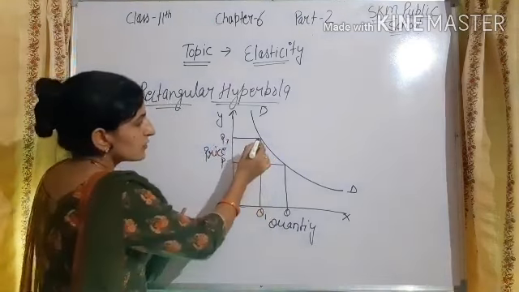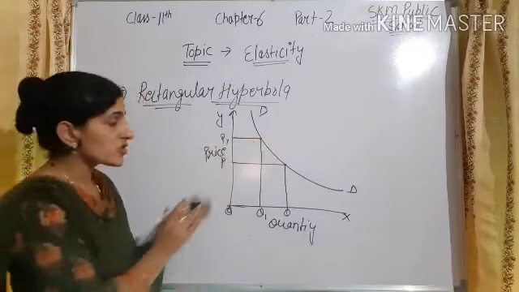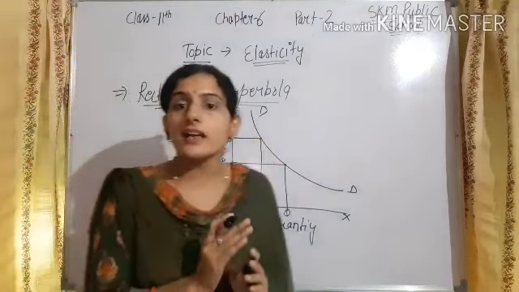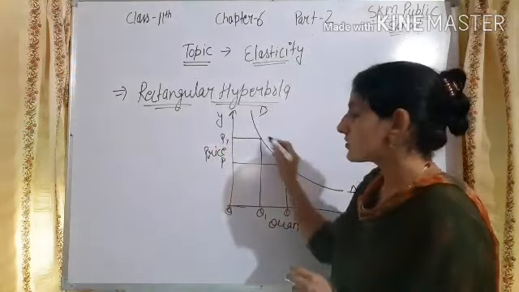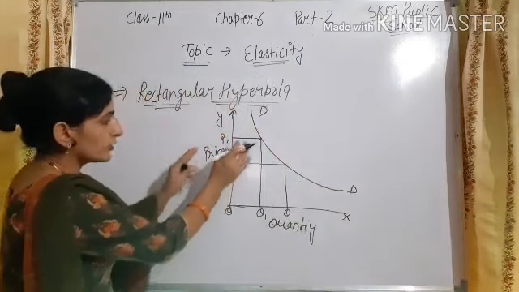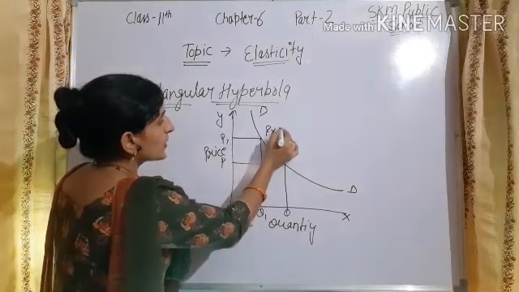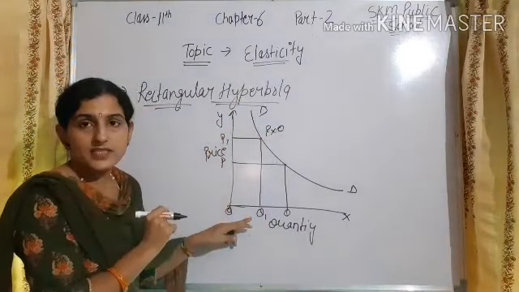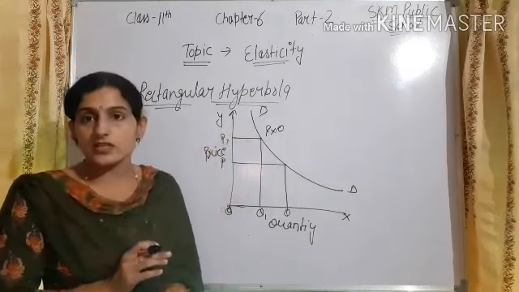The area under the rectangular hyperbola demand curve shows total expenditure, because it shows P into Q, the price and the quantity purchased.